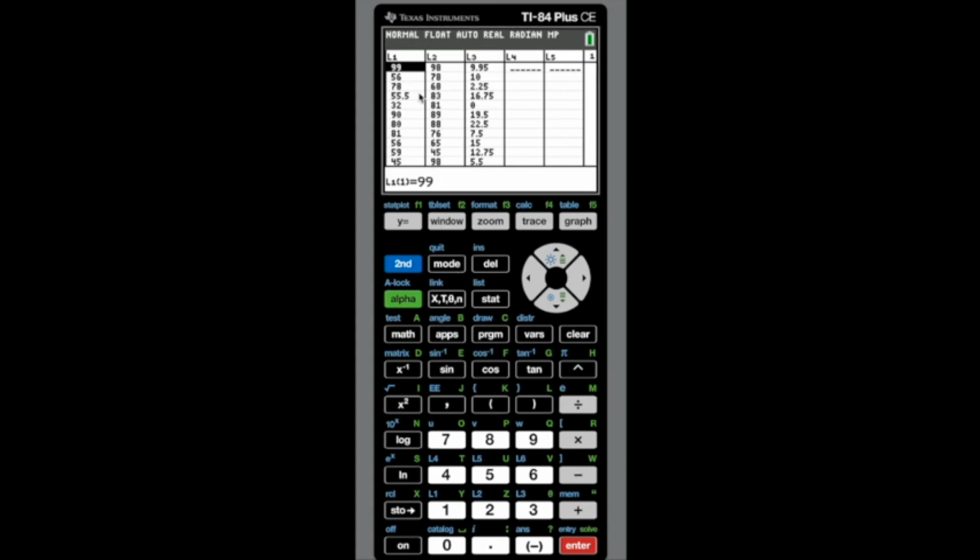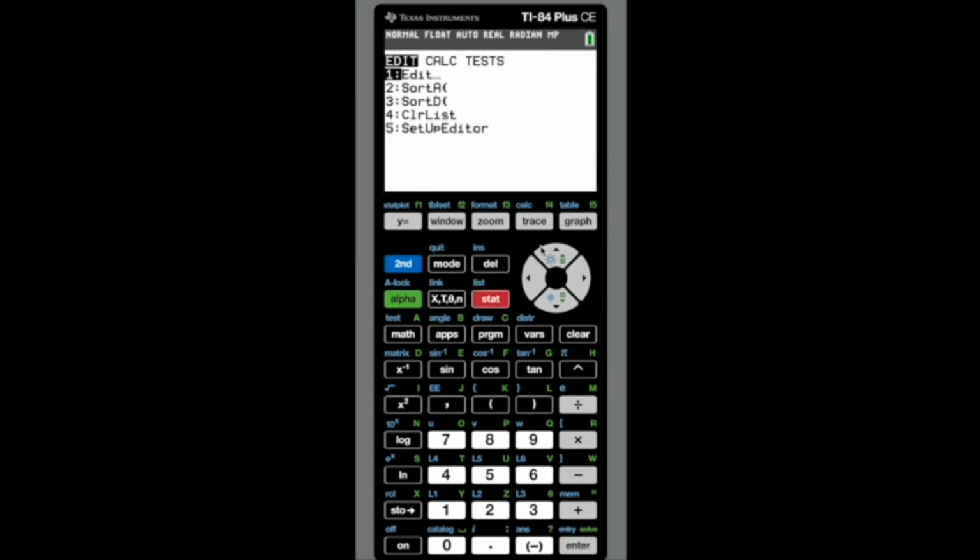Now to sort it, to make sure it goes from smallest to largest, we're going to go back to stat. I'm going to tell it to sort A. Sort ascending means it's going to go from smallest to largest, and I'm going to do that for both of my lists. So now I'm going to do the same thing for my list 2.